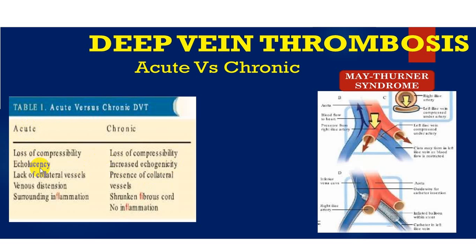In acute, there is lack of collateral vessels, while in chronic, usually collaterals will be dilated and tortuous. Venous distension will be quite common in acute, but in case of chronic, a shrunken fibrous cord-like venous system will be seen without inflammation, while in acute, surrounding inflammation will be very frequently present.